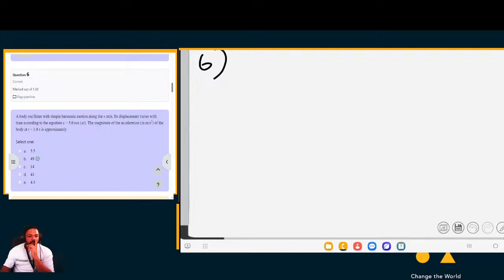Doing a few problems on simple harmonic motion. Starting with problem number 6.